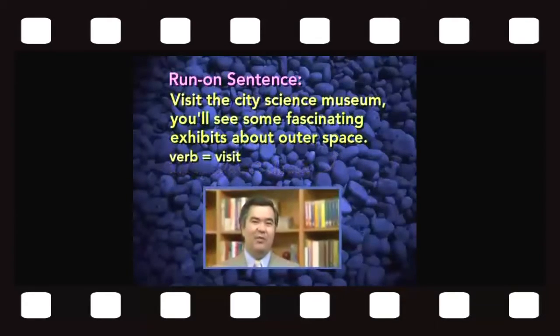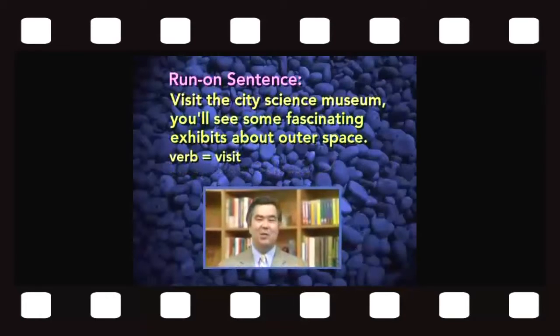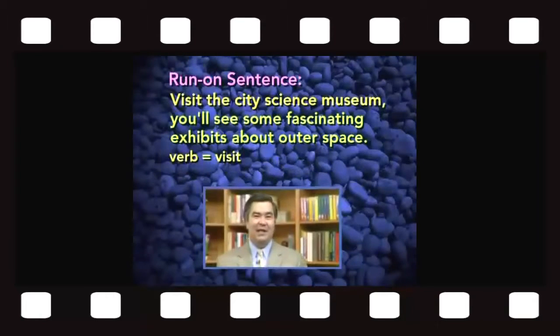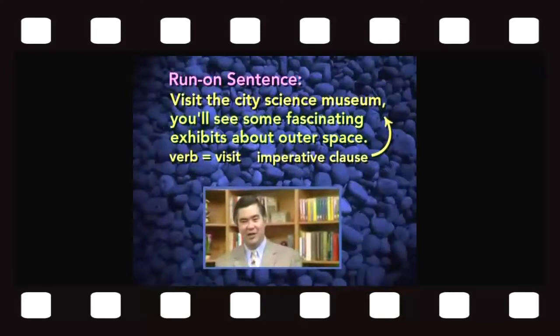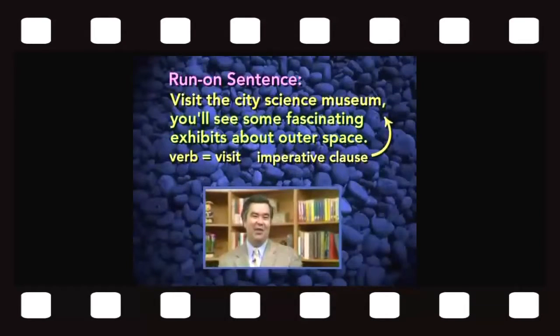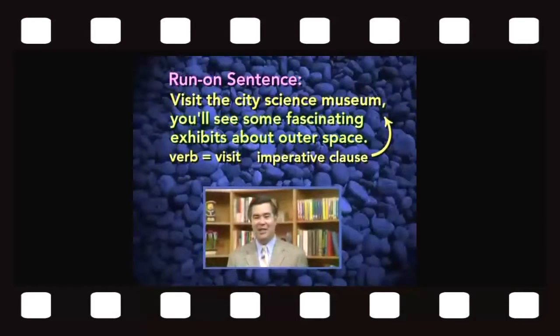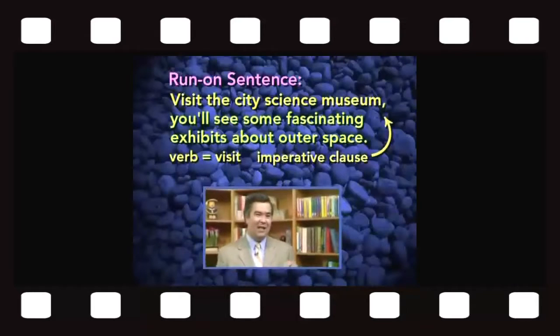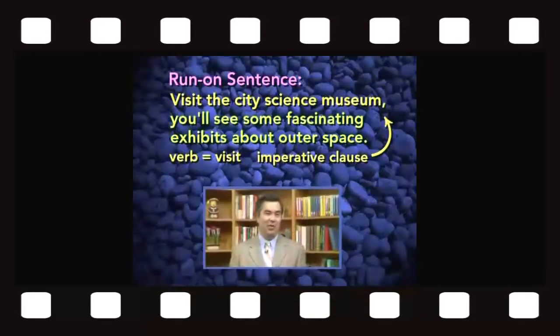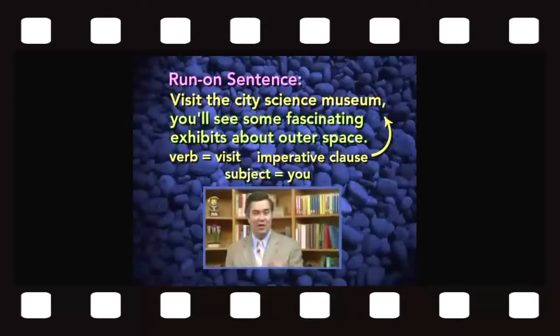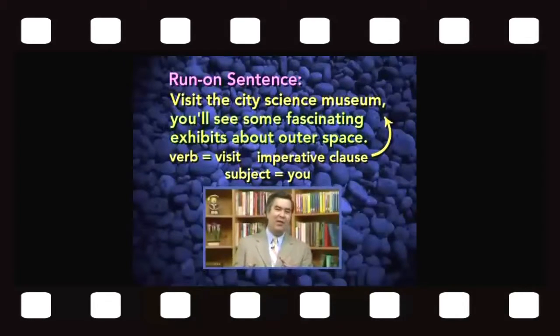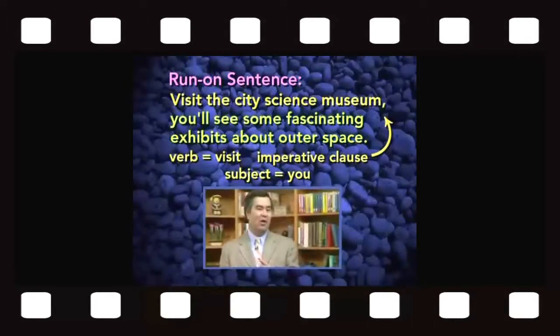It has a verb, visit, but the subject doesn't appear. This is an imperative clause, namely one that is giving you an order or a recommendation or a suggestion. And the subject doesn't appear normally in an imperative sentence. The subject is understood to be you. What this clause is saying is you visit the City Science Museum. So an imperative sentence is an exception to our rule that a subject and a verb must always appear.